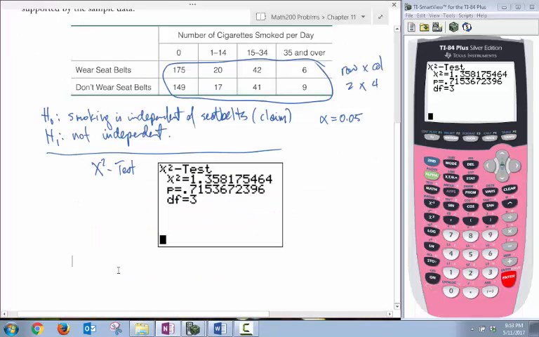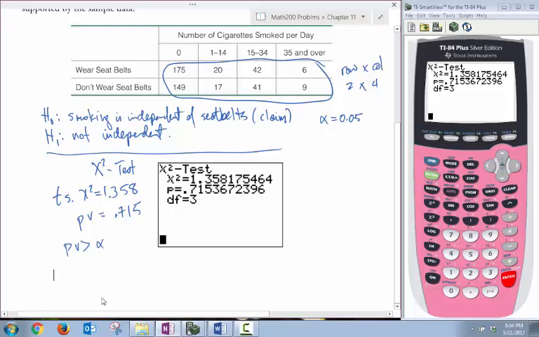So our test statistic, we'll call it TS, is a chi-square value equal to 1.358, and our p-value is 0.715. So clearly our p-value is bigger than our significance level. So we're ready to make decisions and conclusions.